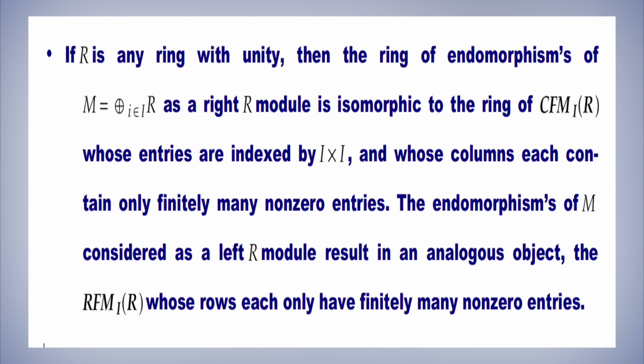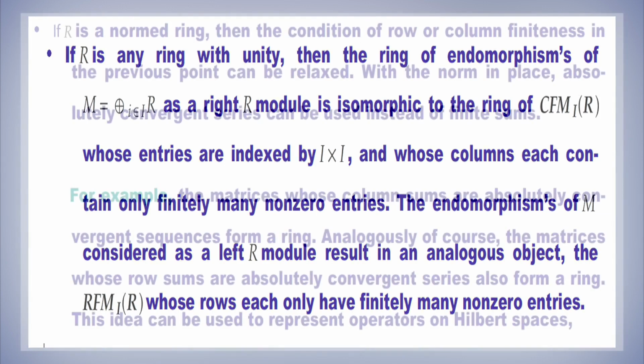The endomorphisms of M considered as a left R module result in an analogous object: the row finite matrices of R over I, whose rows each only have finitely many non-zero entries.